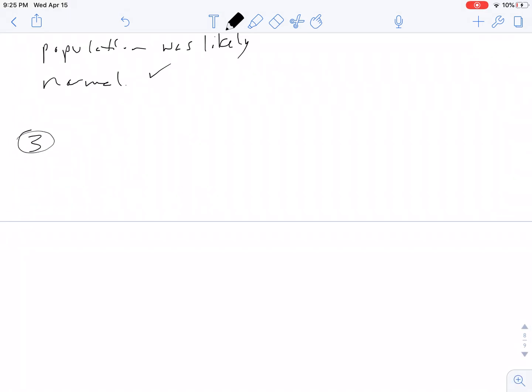All right, step 3. So we're gonna want our test statistic, so our p-value. I also like to do my picture in this step. So to set up my picture, I need the mean of the sampling distribution and the standard error. So the mean is just going to be the same as what was hypothesized in step 1.